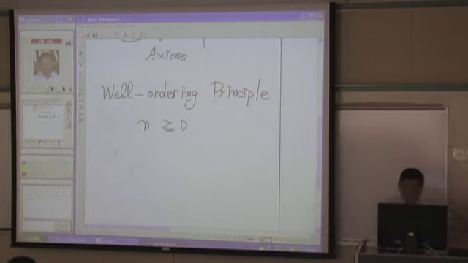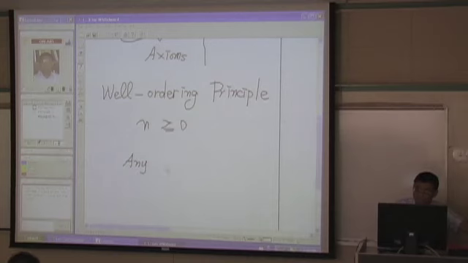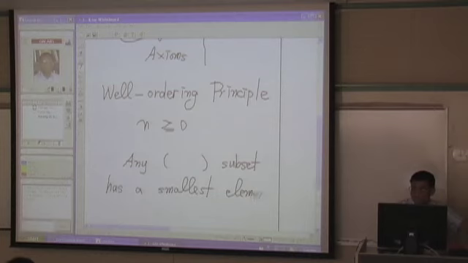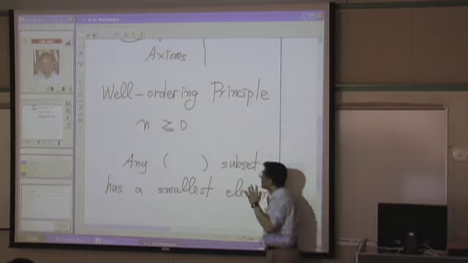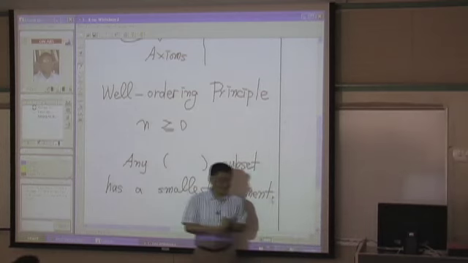Then any non-empty subset, so we don't want to consider trivial sets, any non-empty subset has a smallest element in the set. So you can find the full statement in the book, but I want to focus more on the ideas.